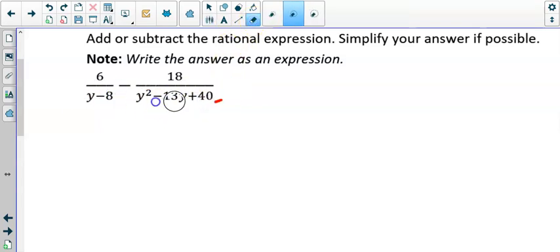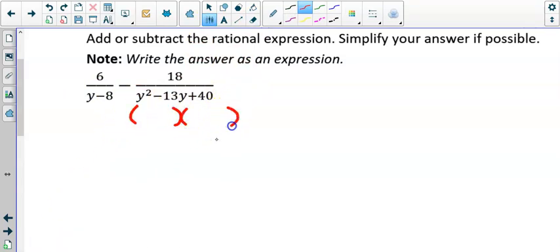All right, so the first denominator is factored, but the second one is not. Cool thing is, with this factoring, we're going to make it easy on you because we're going to keep the a as a value of 1, which makes factoring a whole heck of a lot faster. So what are we going to get? Say it again. Y minus 8, okay. Y plus 5.